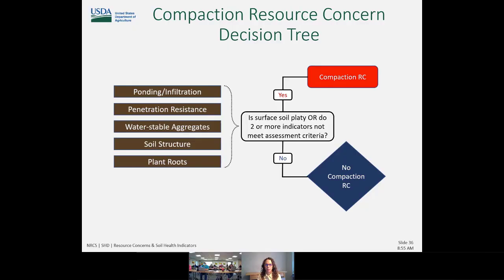So if you have surface plating that's very obvious, that shows a compaction layer in the surface, or two or more of those indicators don't meet the assessment criteria, then you can decide that there is a resource concern associated with compaction. And if not, then you don't have a compaction resource concern.